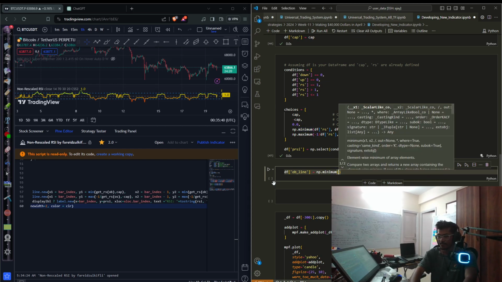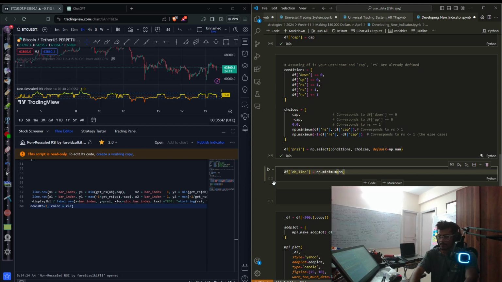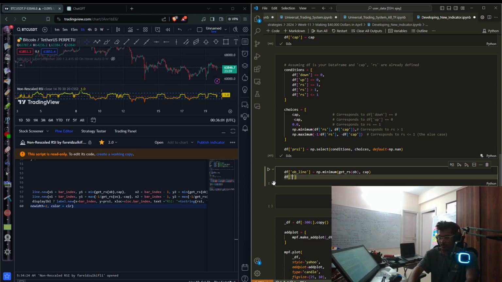Minimum of overbought, minimum of get RS overbought comma cap. So then it will be like this only. We wouldn't even go to the cap. We are limiting to that value. And the oversold line would be np.maximum minus 1 get RS oversold minus cap.